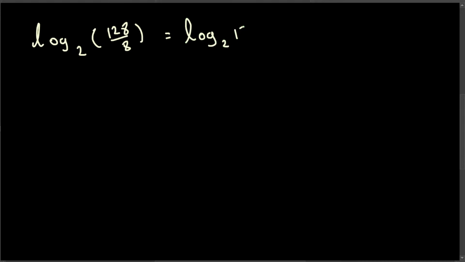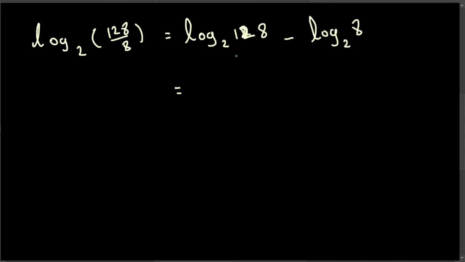Okay, let's say we have a question given like log base 2 of 128 over 8. What's going to be the value? Again, you can see this is a division, so we can expand this like log base 2 of 128 minus log base 2 of 8.